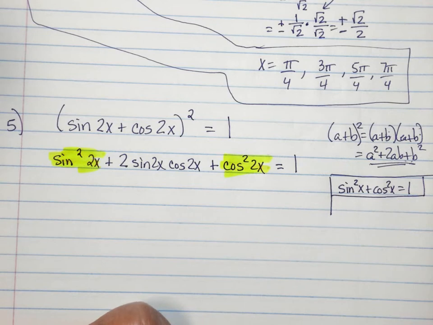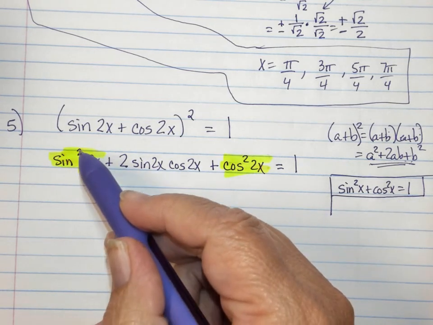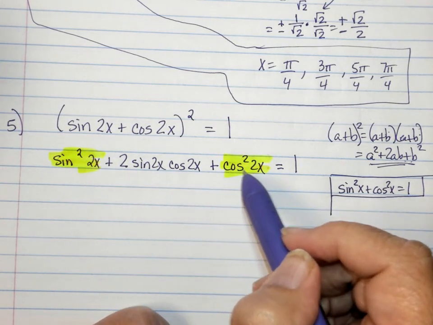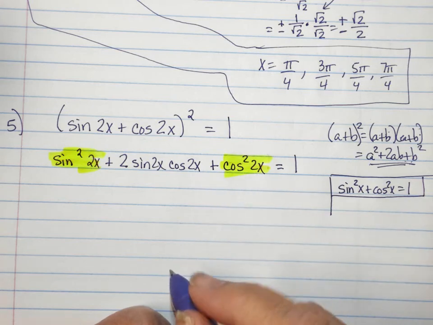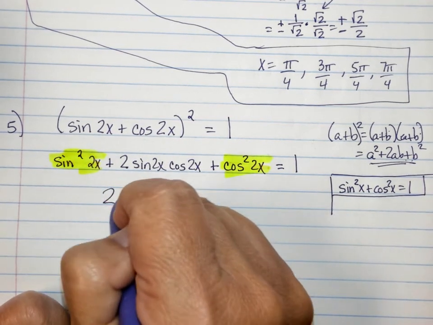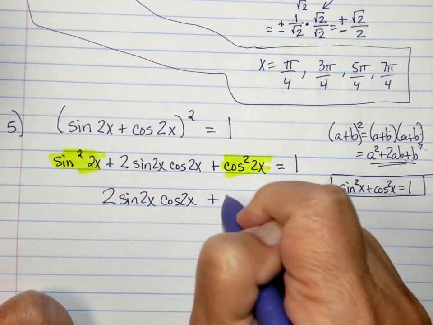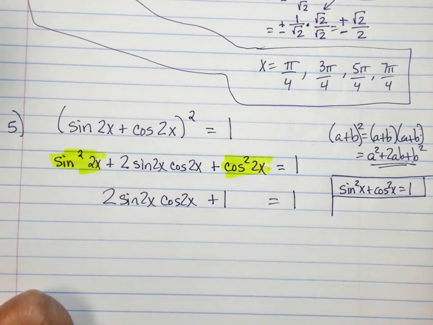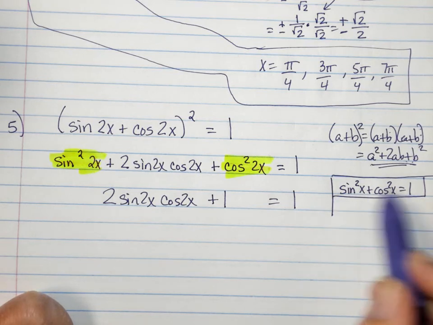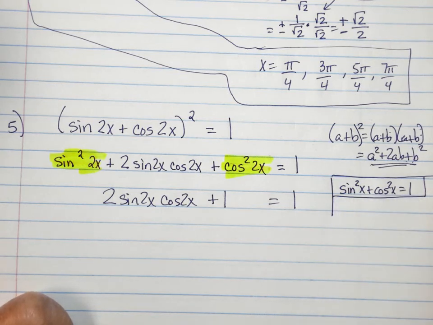Right? That's a Pythagorean identity. So wouldn't sine squared 2x plus cosine squared 2x just equal 1? So I have 2 sine 2x cosine 2x plus 1 equals 1, because of this Pythagorean identity right here.